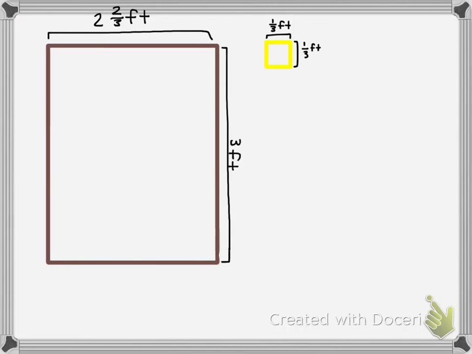I don't know how many 1/3 are in 3 feet, but I do know how many 1/3 are in 1 foot. So, I'm going to start by splitting up my sides into 1 foot pieces. I'll do this in blue to match the square foot from earlier.